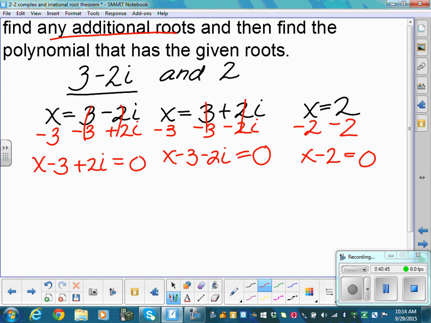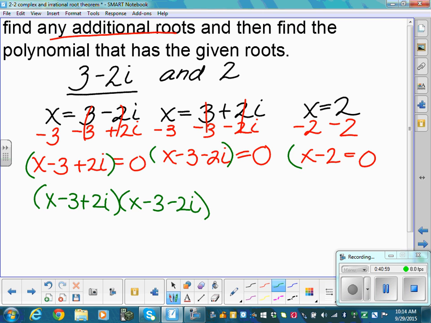Now we know what we can do is we can bring them together since they're all equal to 0 and multiply it. So we'll have x minus 3 plus 2i times x minus 3 minus 2i. This times this times this. Now we need to go through and distribute all this. Now take my suggestion.